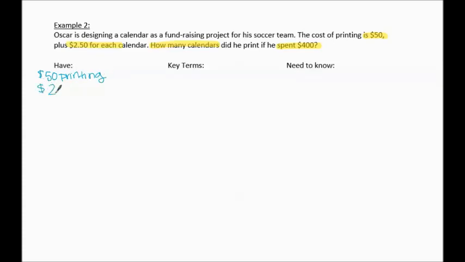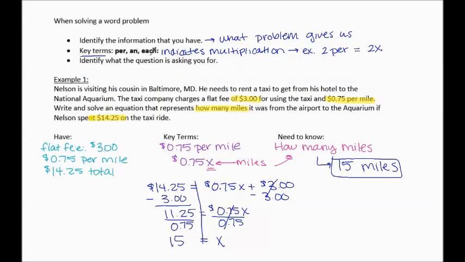It costs $2.50 each calendar. And he spent $400. Let's look at my key terms. The key term I saw there, if we go back and look at what we talked about, per, and each.